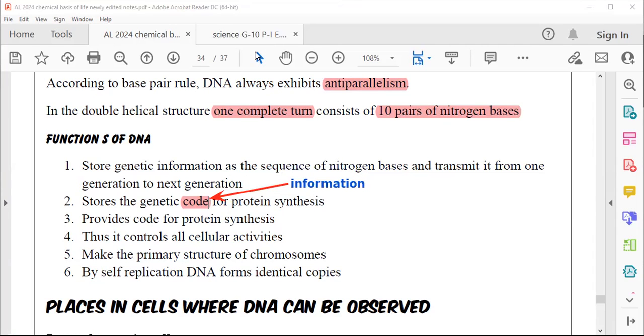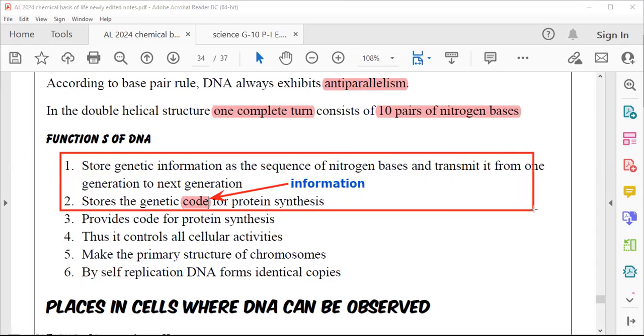Remember, these two are the two main functions directly given to us in the syllabus. Understood? These two functions are direct in the syllabus.